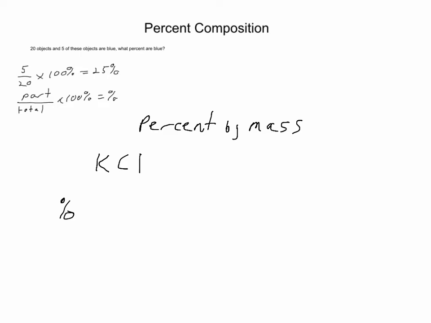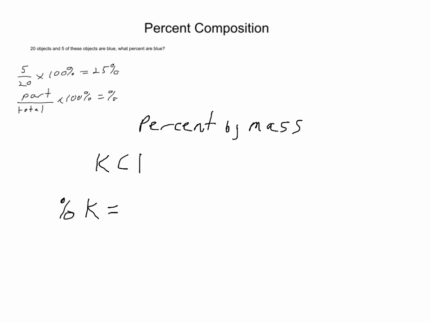Usually in chemistry we're doing percent by mass, so we measure what part of the total mass is whichever element we want. It's possible to do percent by volumes and percent by other measurements, but percent by mass is most common. So we're going to find the percent potassium in this compound.